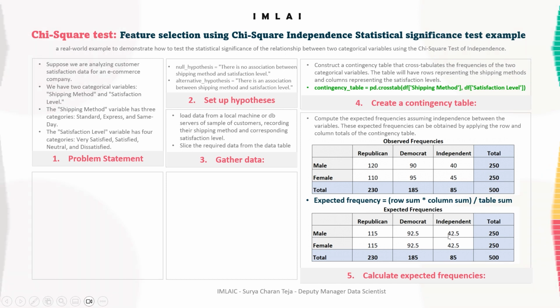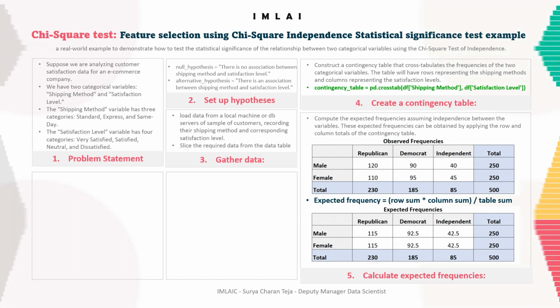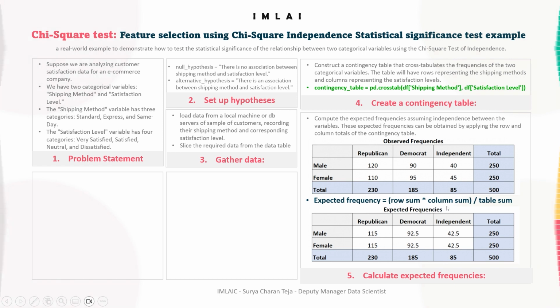If you take the others, Democrat and Independent, you get around 42.5, which is again the intersection between male and Republican. This is how we calculate the expected frequency from your observed frequencies. The expected frequencies output, let's show it as y, with row sum and column sum as x1 and x2, and table sum as x3, and that's a function format.